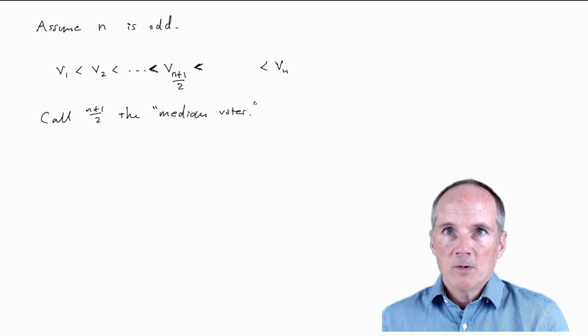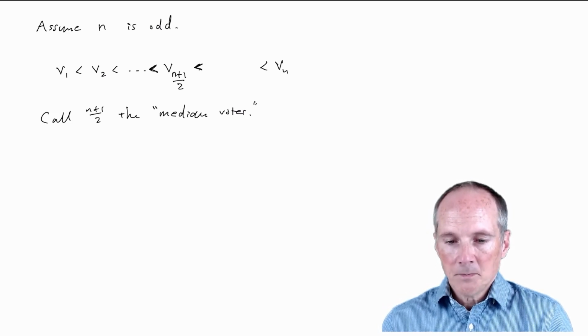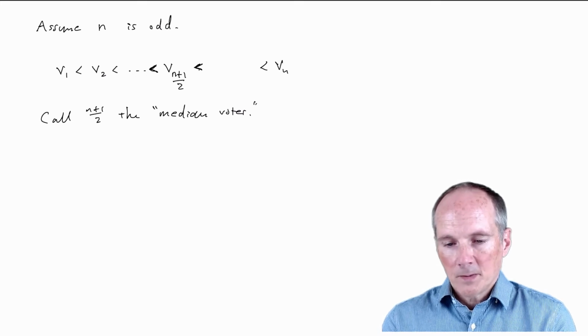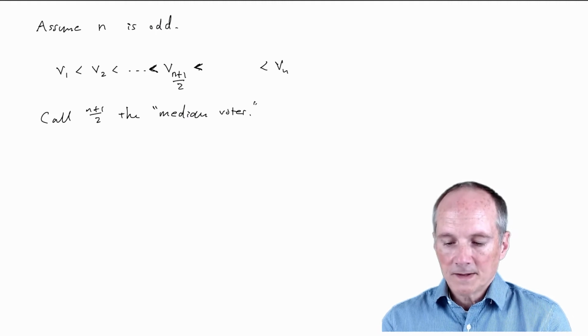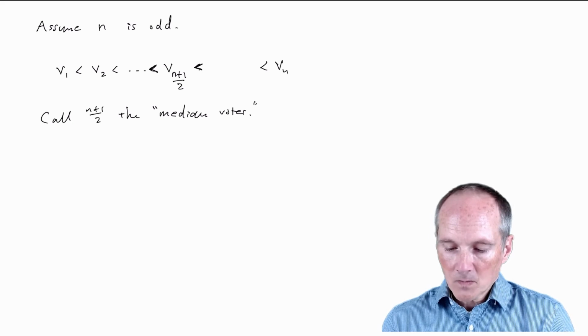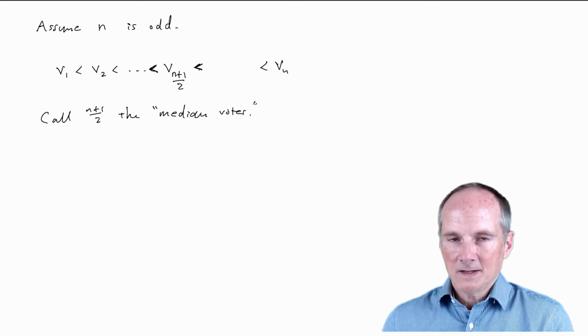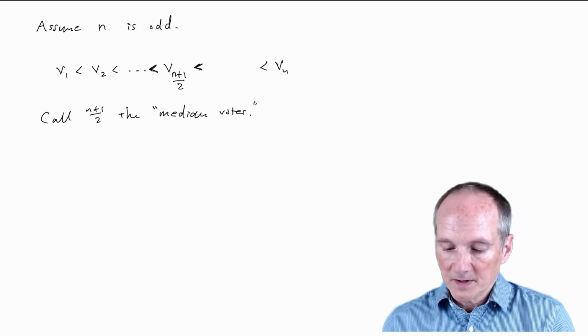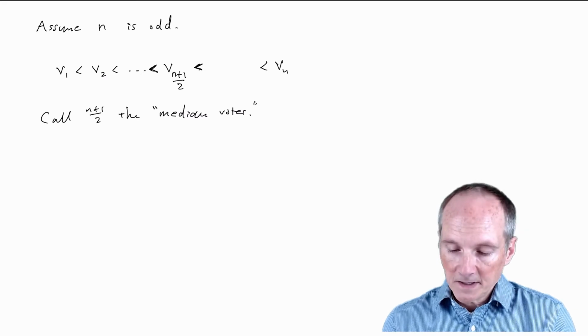It's going to be one in a series of results with the same spirit that identifies or describes the critical role that this median voter plays in majority voting. Okay, I'll call it a median voter theorem. In my mind, it's really a family of results, but they're all expressing the centrality of the median voter in this one-dimensional setting.